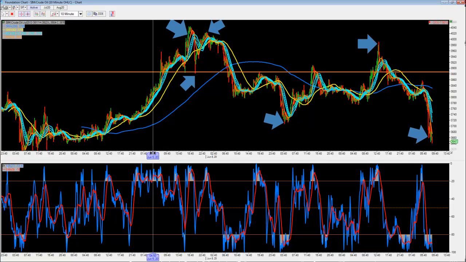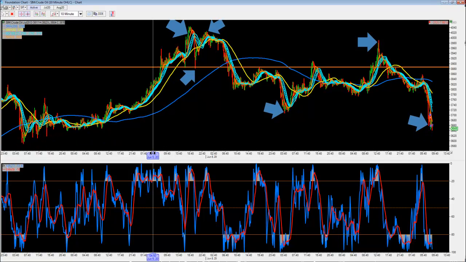There you go. That's what I wanted to show you on the 10-minute chart. There's your 0. Let's get that a little bit. Let's make that like that. That works. I'm going to save this.